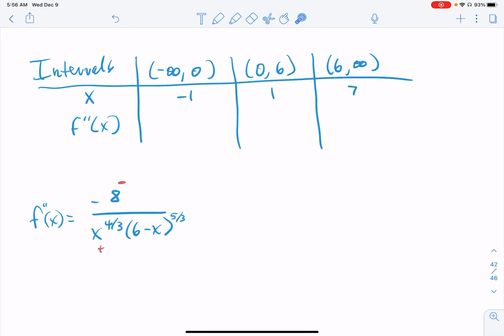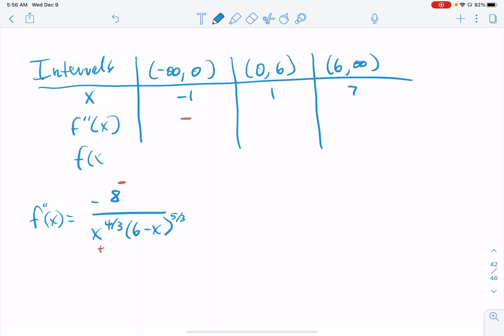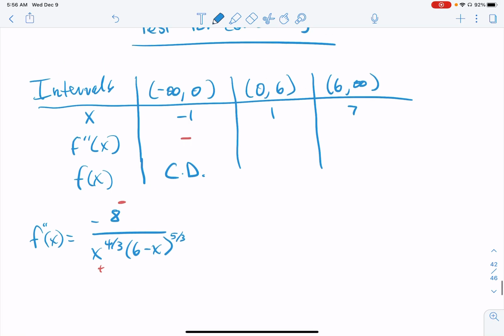So if I stick in a negative 1, that makes this a positive 7, raised to the 5/3 power is still going to be positive. Negative divided by all positives is negative, meaning that the graph of f of x is going to be concave down. It's going to be a CD. It's not one that you'd want to listen to by any means, but yeah, it's going to be a CD.